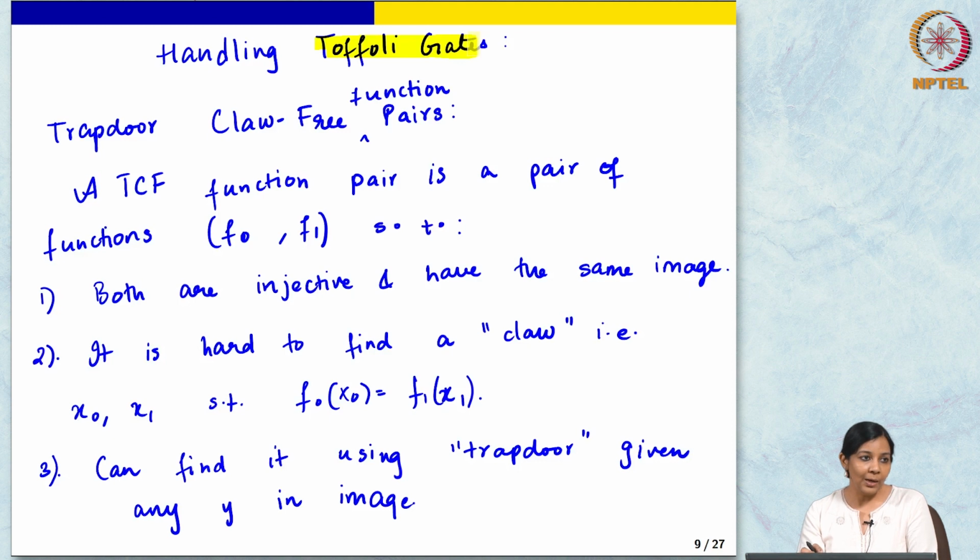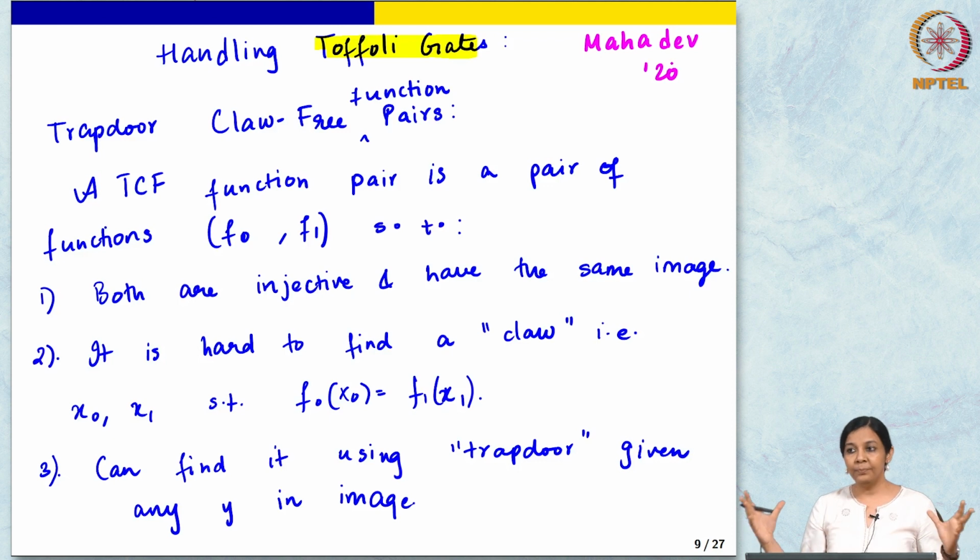So, today's class we will talk about how to handle Toffoli gates, and there is some really interesting theory that is built in order to do this. In particular, the paper that we are talking about is by Urmila Mahadev from 2020. It is about quantum fully homomorphic encryption. You can find the reference on the course web page. I will not have time to describe the entire construction and entire proof in all detail, but I will highlight the main ideas that make it possible.